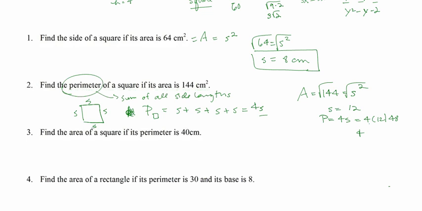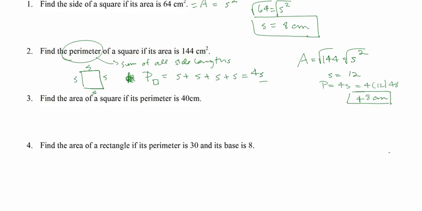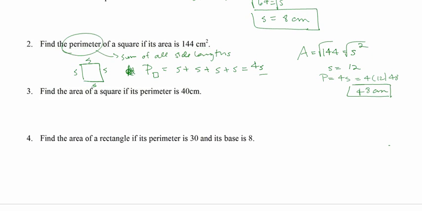So 48 units squared. Oh, excuse me, not units squared. We do know that the unit is centimeters. And we'll just leave it at centimeters because it's just side lengths, not any units squared.